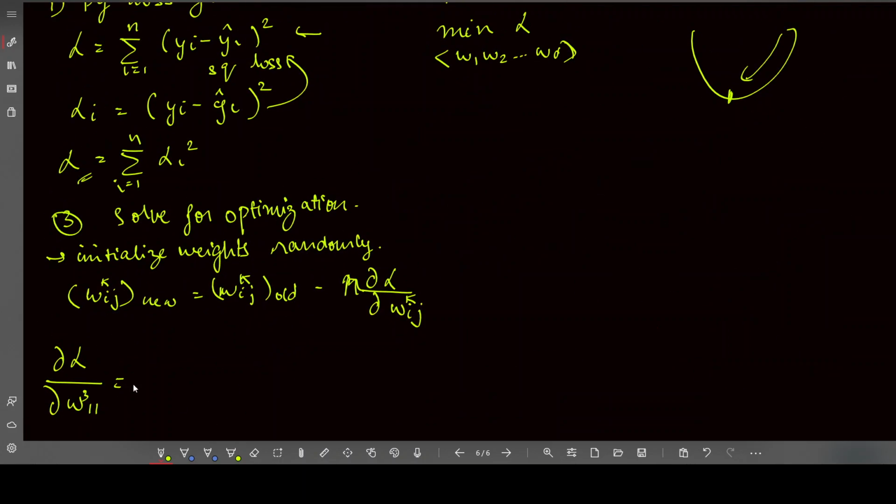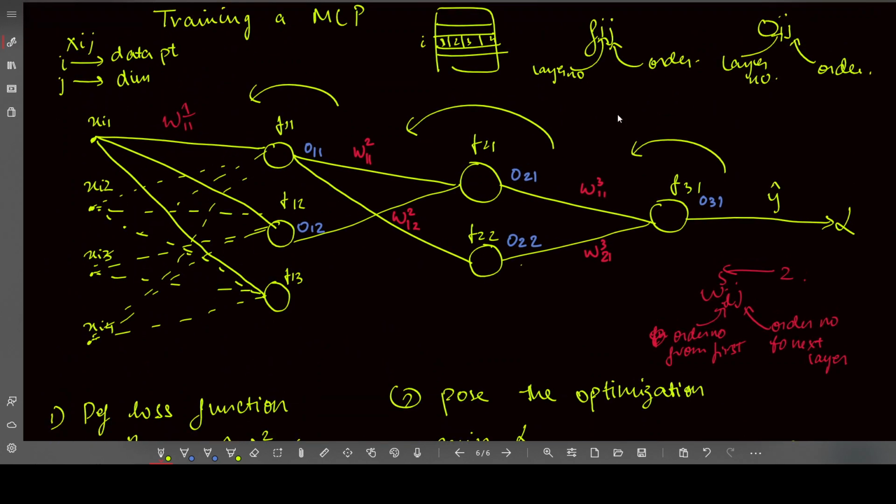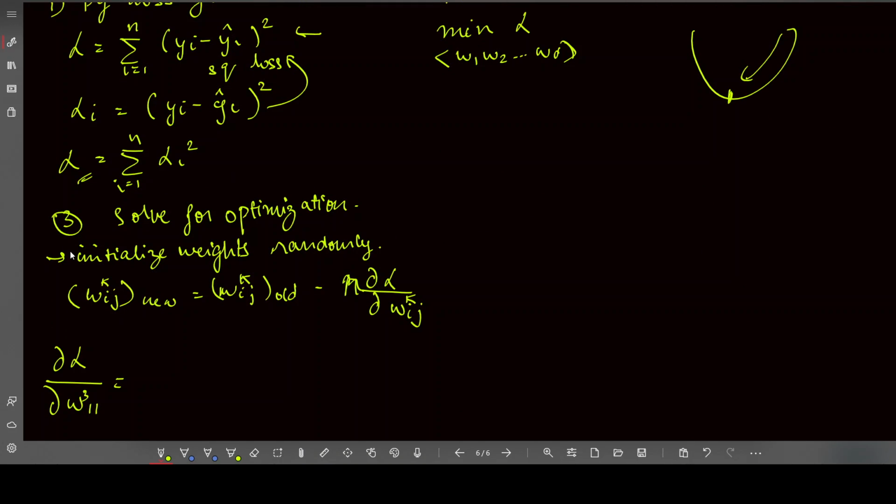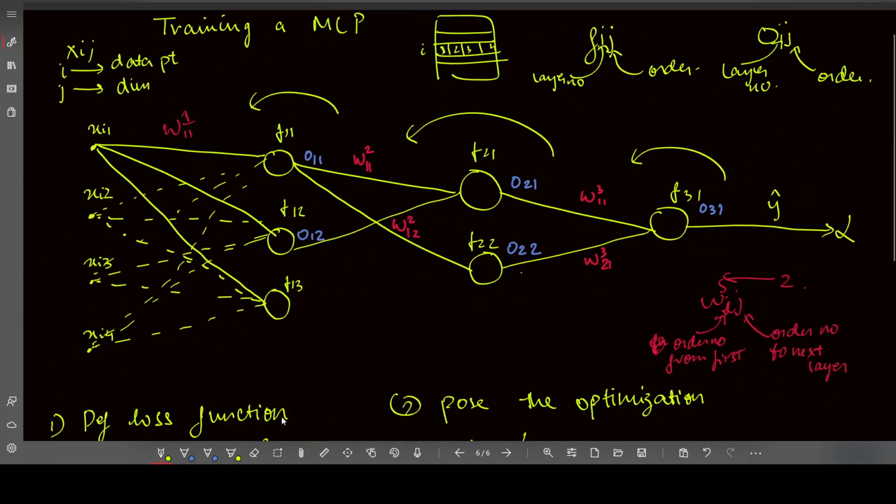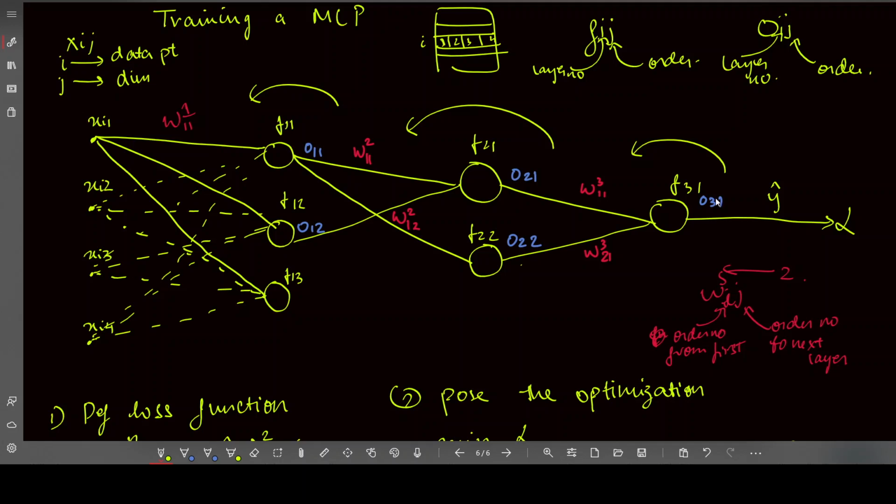So again, I have to apply the chain rule over here because if you see, I have this function f31 over here, right? So I first have to differentiate dou L by dou O31 into dou O31 by dou W311, right? Why am I allowed to do that? Basically, O31 is the function, right?